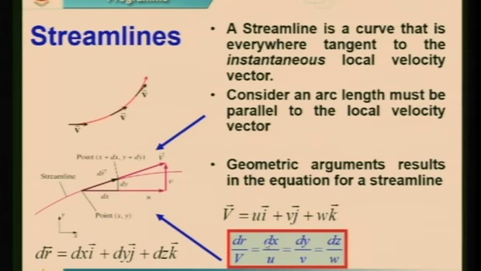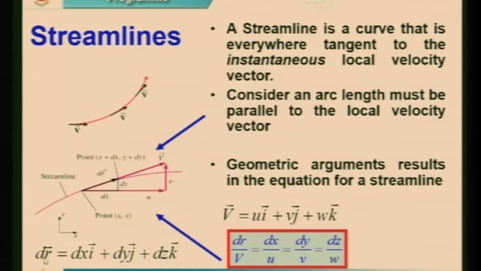I repeat, dx by U, displacement in x direction is proportional to the velocity in x direction, displacement in y direction dy, the velocity component is V, displacement in z direction, the velocity component is W. So, very simple equation for streamline is dx by U, dy by V and dz by W. This is a very important point.